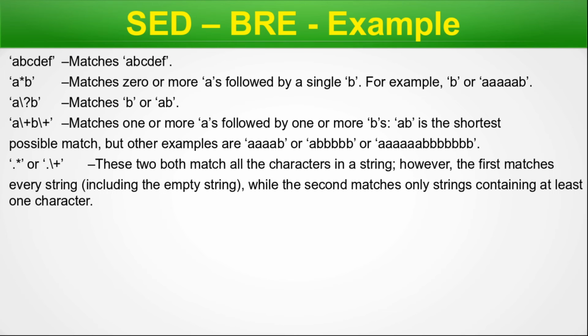Then if we write dot star or dot plus, these two both match all the characters in a string. However, in the first case, every string, while the second matches only a string containing at least one character. Okay, because plus is one or more times, at least there will be one character.